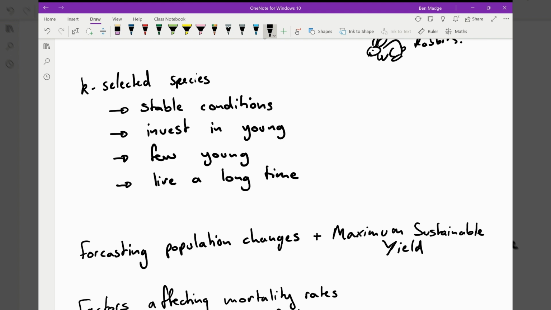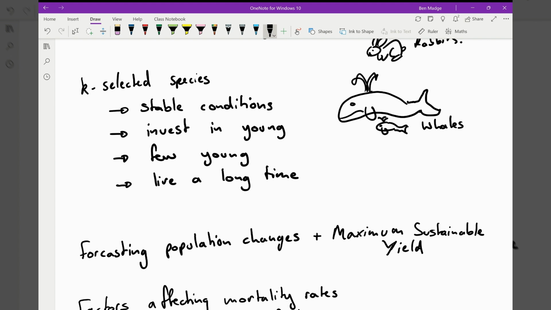So some examples of K-selected species are things like whales. There we go. So whales are a good example of this. They will only have one calf every sort of couple of years, and they will keep the calf with them for a long time.